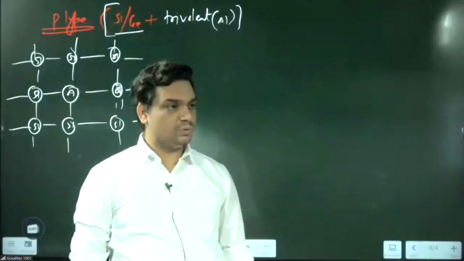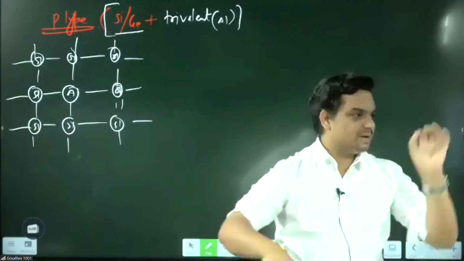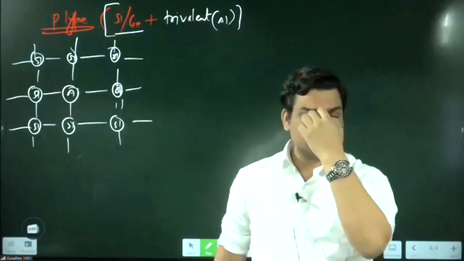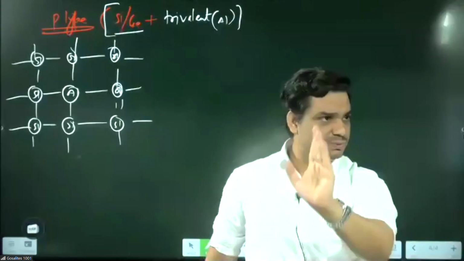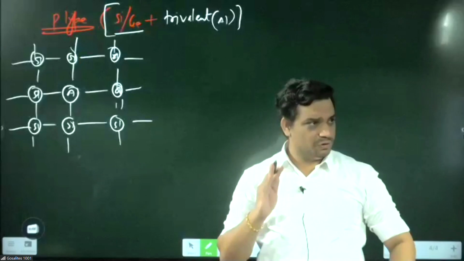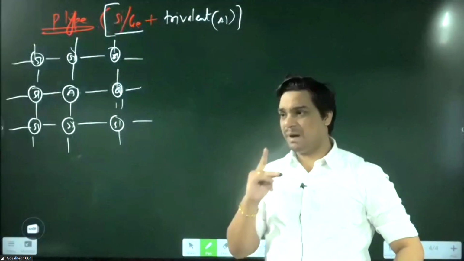What is the meaning of 1 ppm? Basically parts per million. Out of 10 power 6, we need to mix one impurity. Out of 10 power 6 we need to mix only one impurity, that is parts per million.